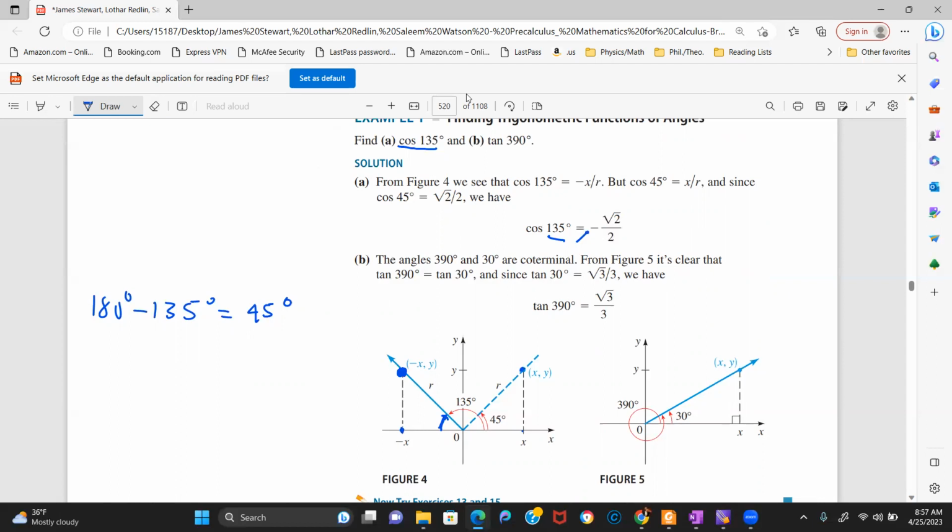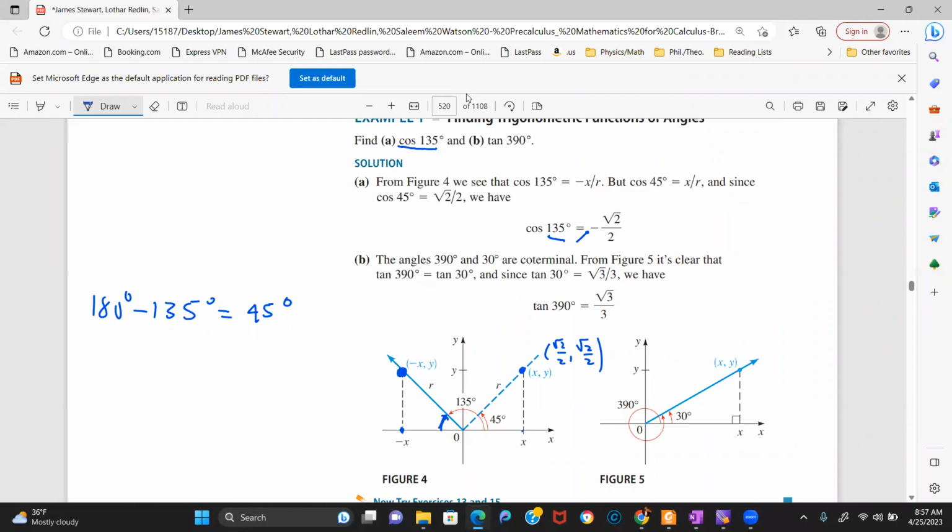And so for a 45-degree angle, this point right here, the coordinates are root 2 over 2, root 2 over 2. Now, that means cosine of 135 degrees is the negative of the x coordinate. So negative root 2 over 2.